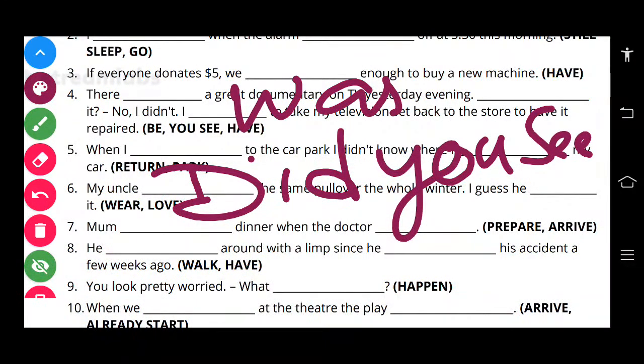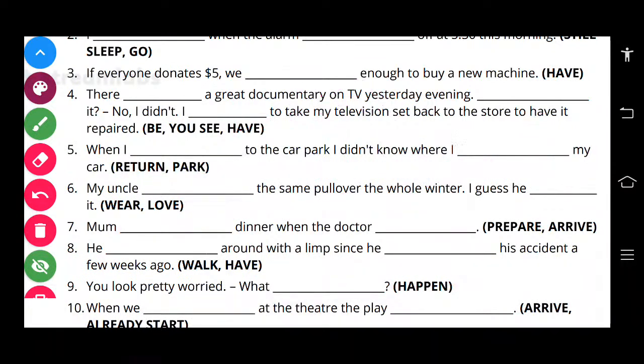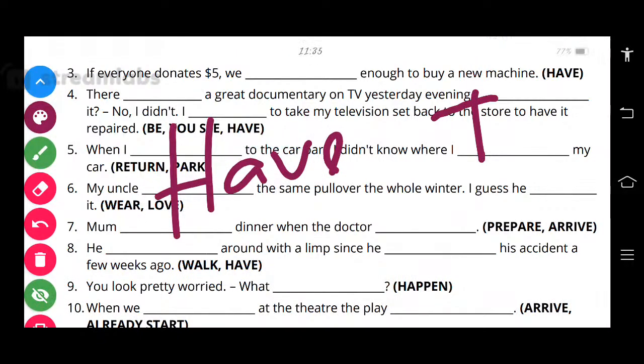So after this one there is a reply, "No, I didn't." Then next is "I dash to take my television set back to the store to have it repaired." So here we have to use have? We were asked to use have. But it was followed by to.